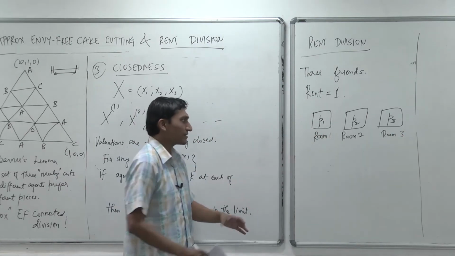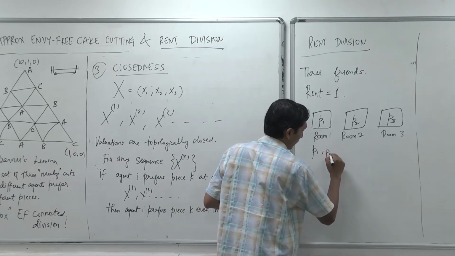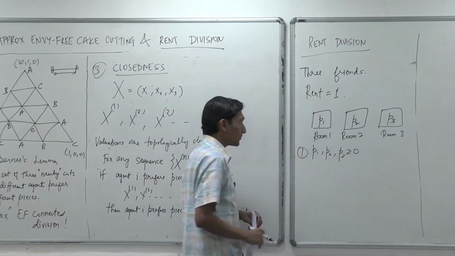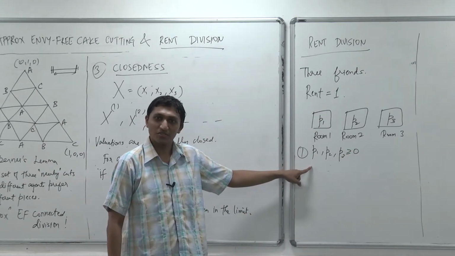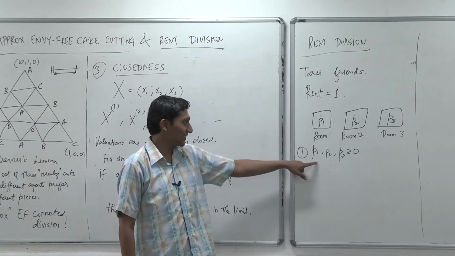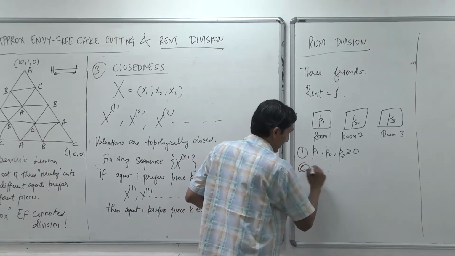The constraints are going to look very similar to what we had for cakes. First of all, no one should be paid to live in a room. They should pay from their pocket, so the rents should be non-negative, and they should sum up to 1.